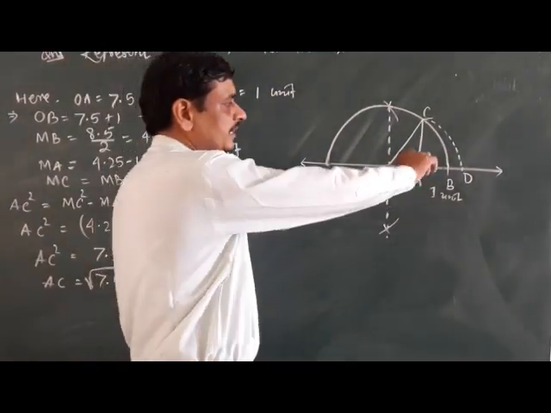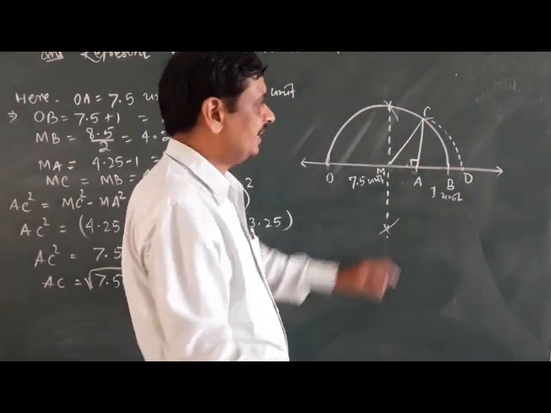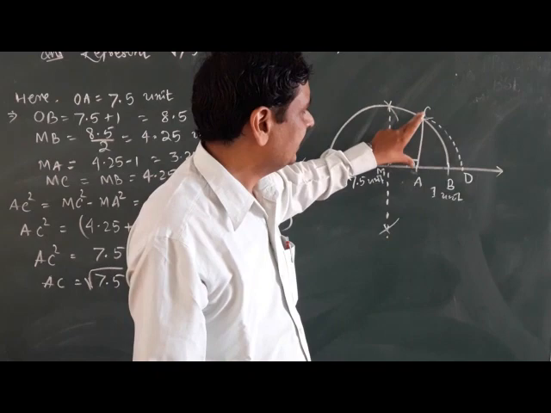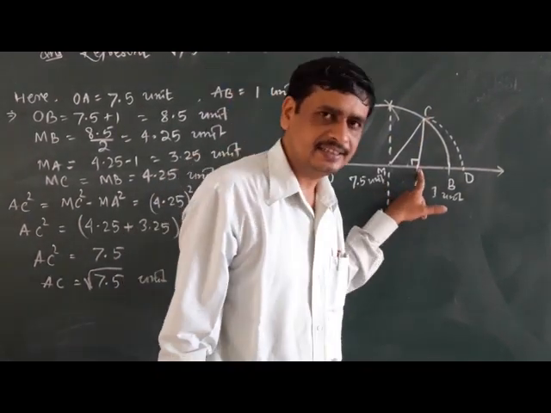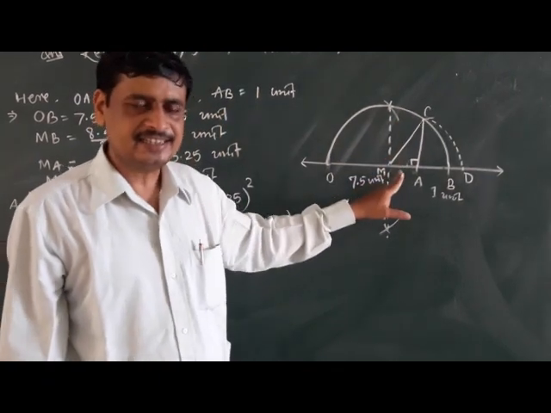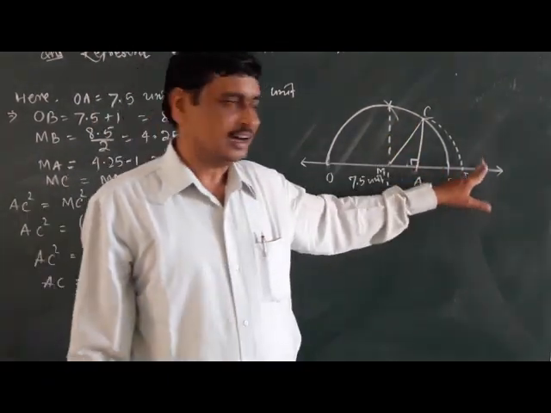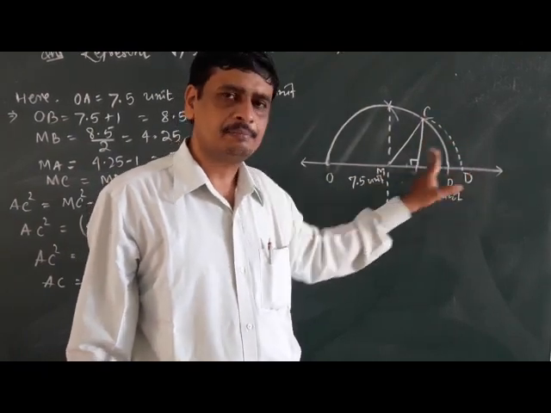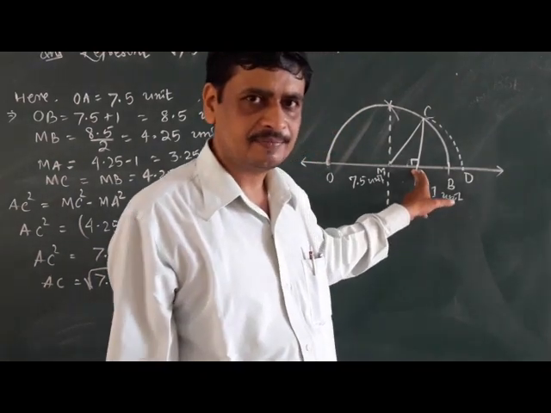Now place the compass at A and measure the length AC, taking A as center and AC as radius. An arc is drawn here. The arc CD is drawn from the point A, which is considered as center.